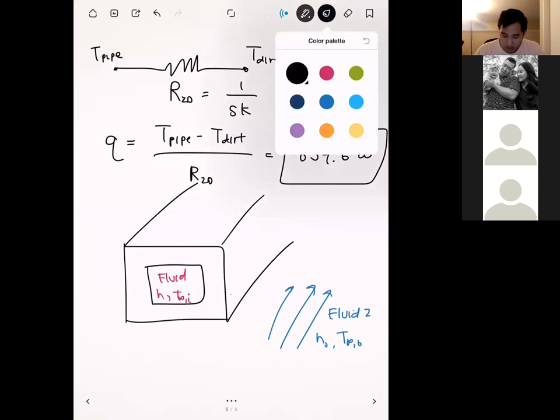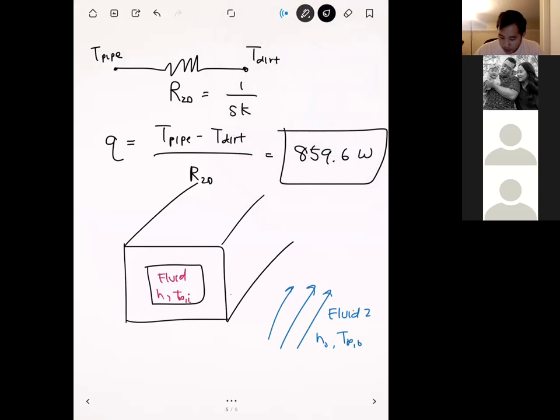The way you're going to solve this problem is, since it's a square block like this, you can't just use radial heat transfer, right? But what you can use is 2D heat conduction. And so for the square pipe, you can find its resistance using its shape factor.